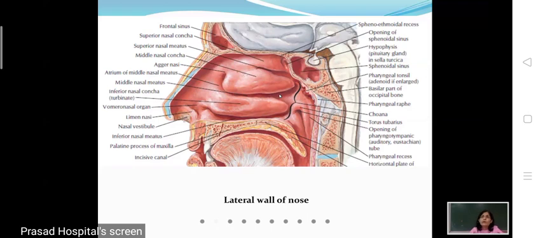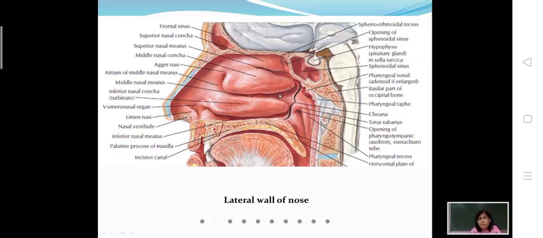Conchae are shelf-like bony projections from the lateral wall of nose, projecting medially and downward. And the space below those shelves, on the lateral wall of nose, that is called a meatus. Meatus is nothing but a space below the corresponding concha. Okay.